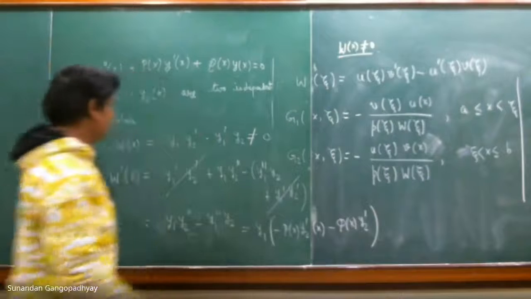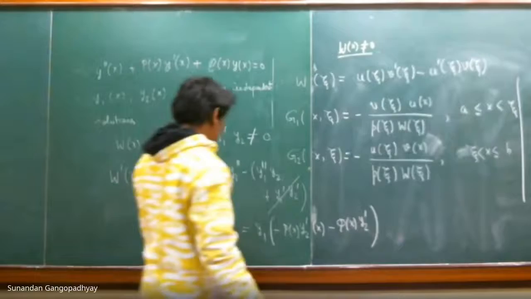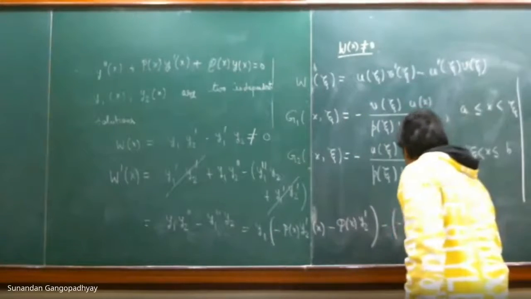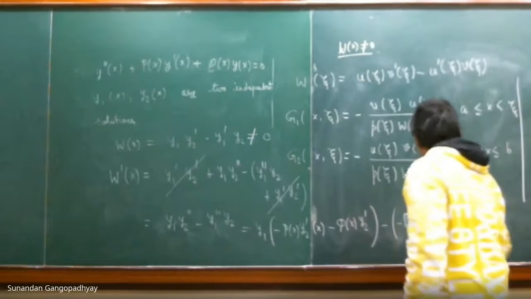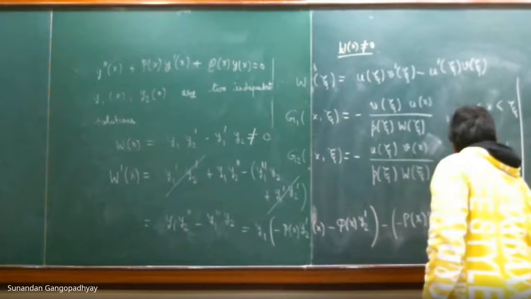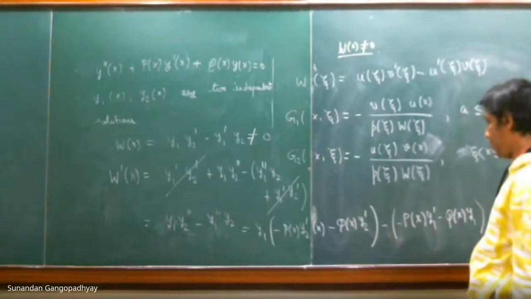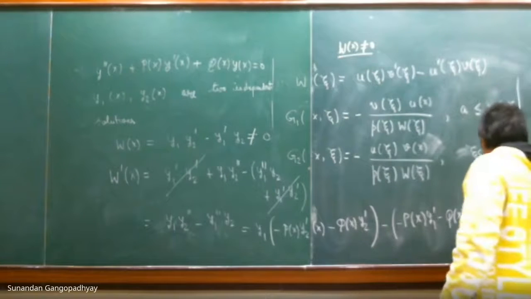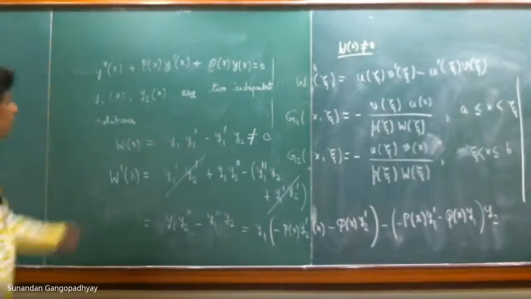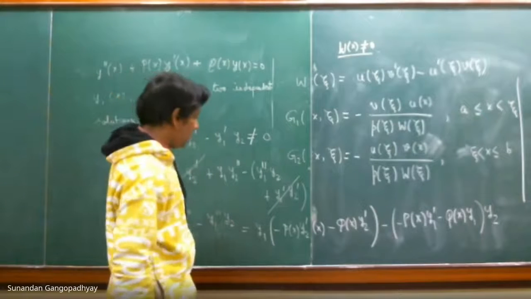Just substitute from this differential equation. And y1 double prime is minus p of x y1 prime minus q of x y1, into y2. So we have substituted what y2 double prime and y1 double prime are from this equation.